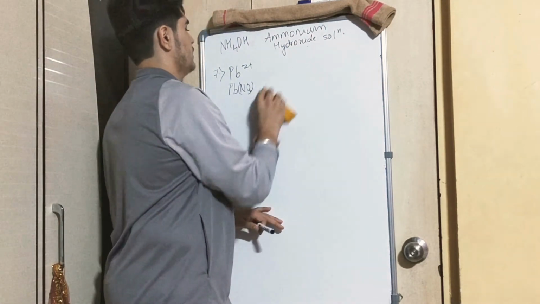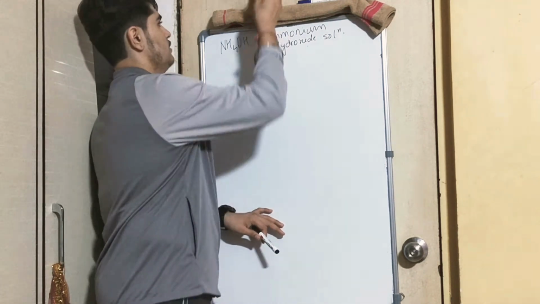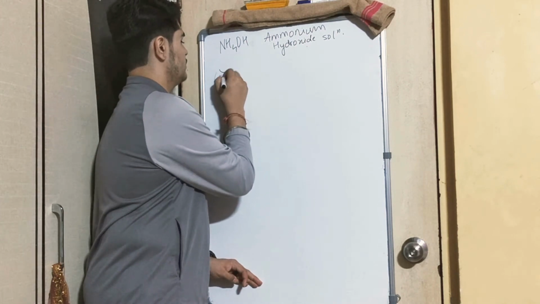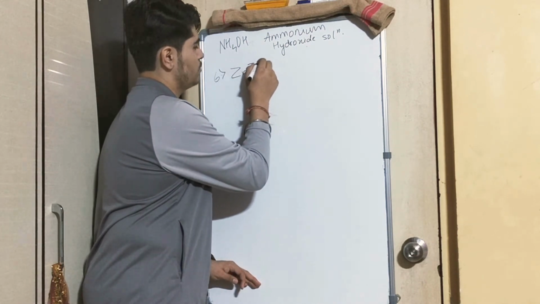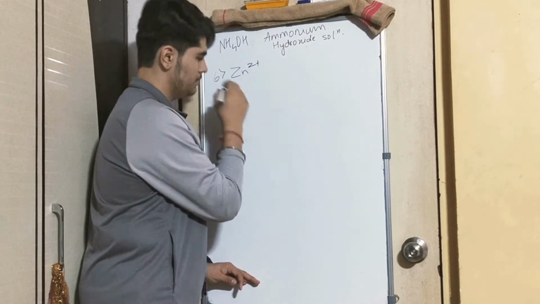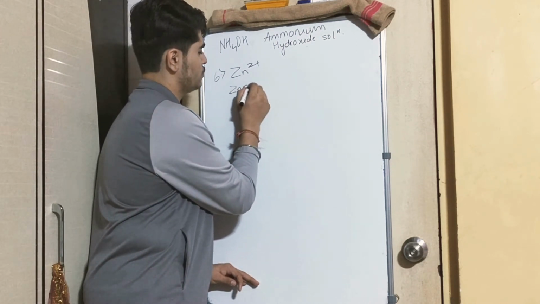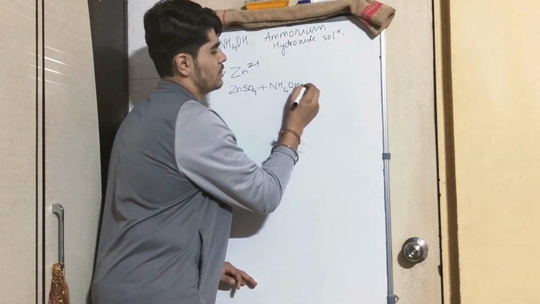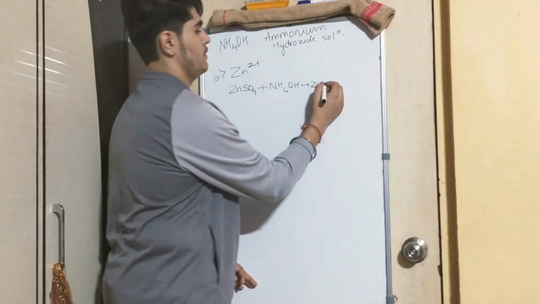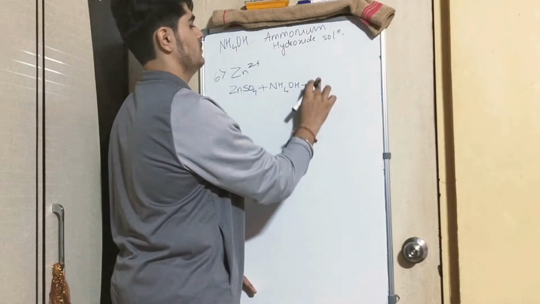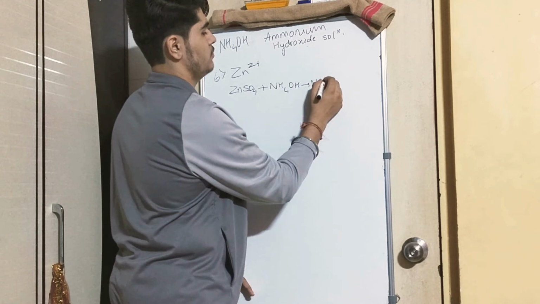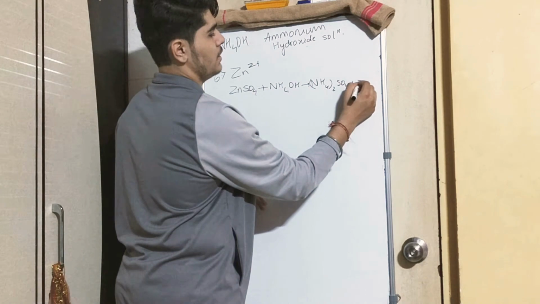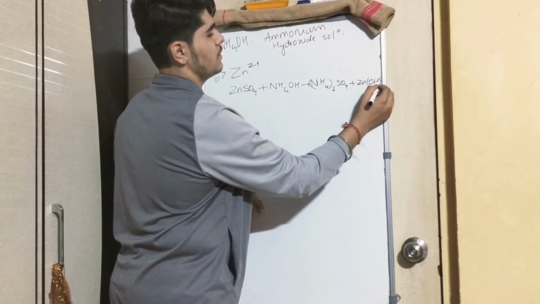So I have missed one reaction. Let's complete that reaction. Zn2+, ZnSO4 plus NH4OH gives (NH4)2SO4 plus Zn(OH)2.